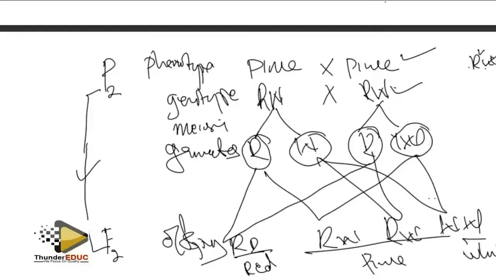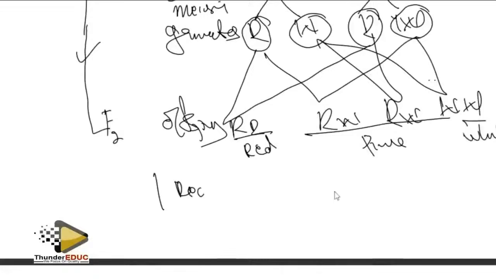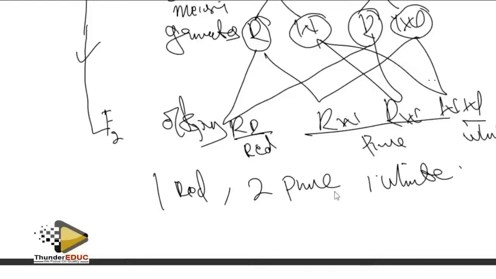Meaning that I will have one red, 2 pink, and then 1 white. There is a mistake students make when they ask you the ratio. In this case, you write 1 to 2 to 1.